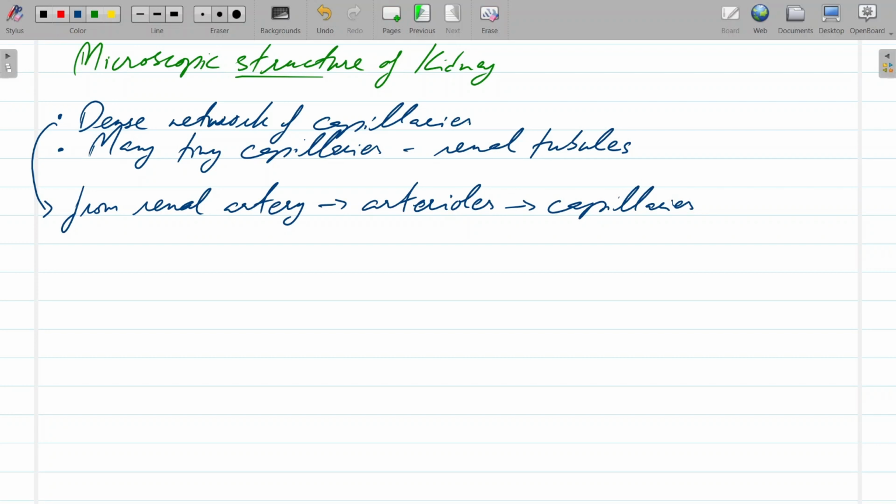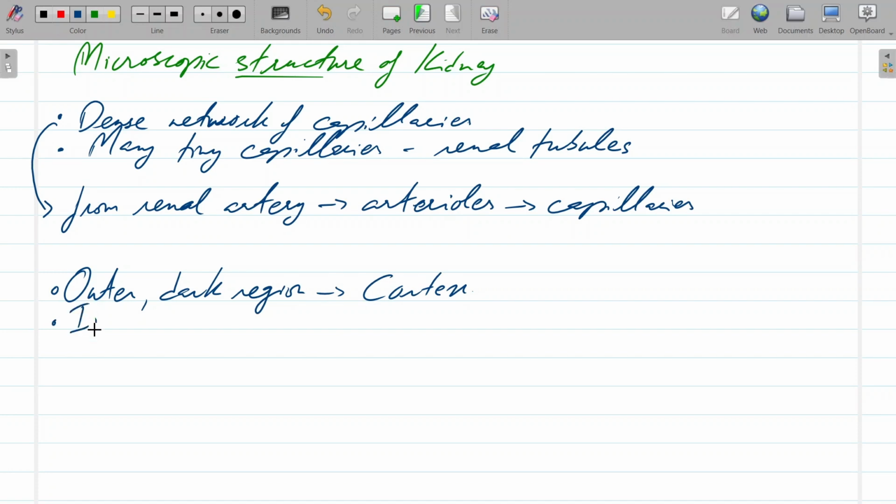Right now, the three regions of the kidney. It has an outer region called the cortex, which is like an outer darker region, which is the one we get to see, and this is called the cortex.